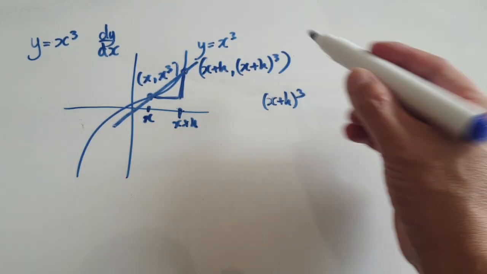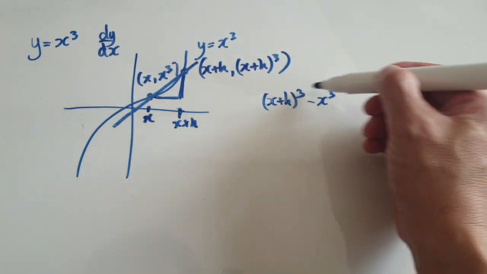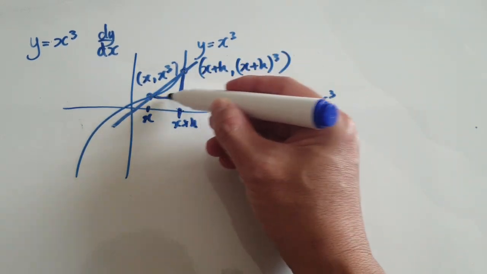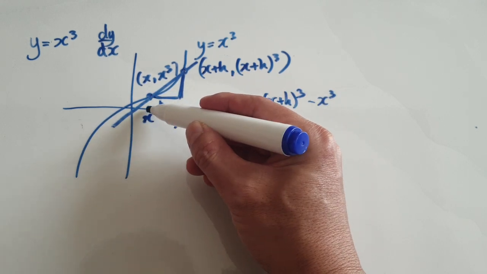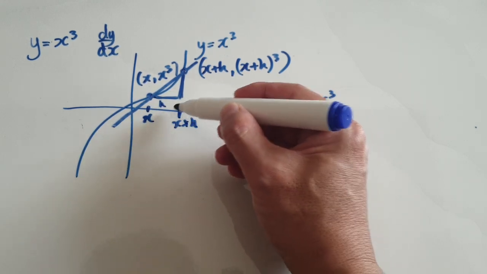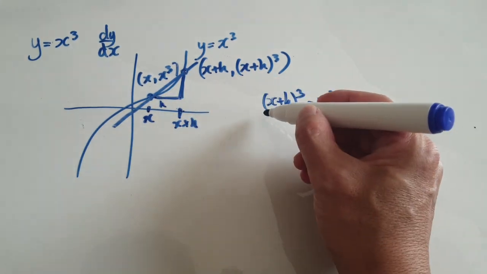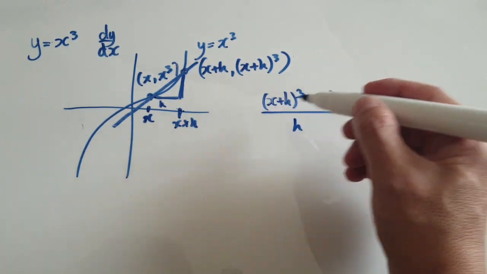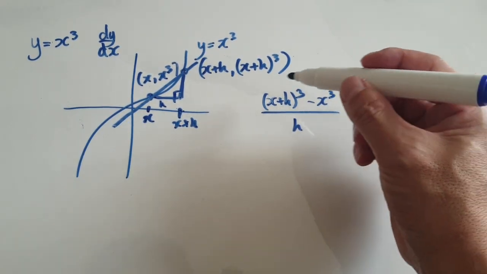So the gap there would be take away x to the power 3. So this thing here gives me the height divided by the cross. Well, we're going to call this length here h. x plus h, hence the reason why this location is x plus h. Well, this length here would be h. So the gradient of this straight line will be given by this.